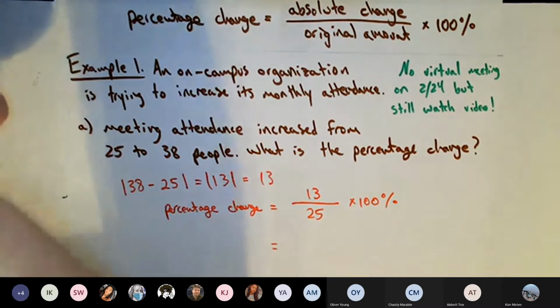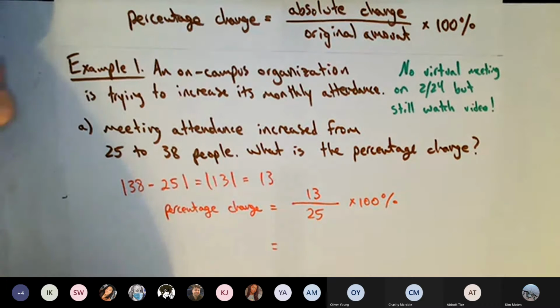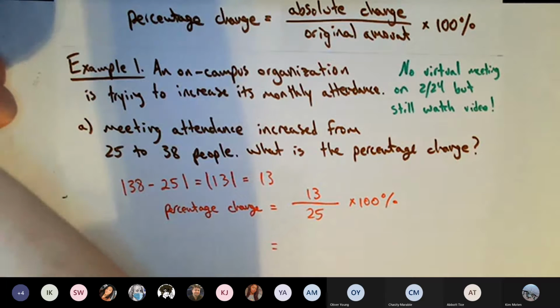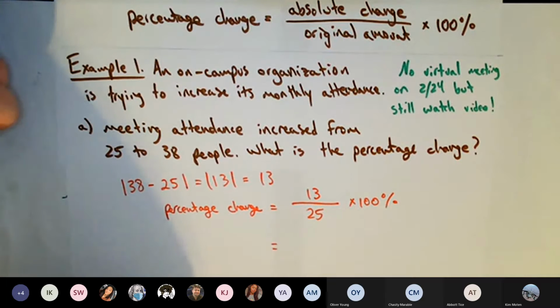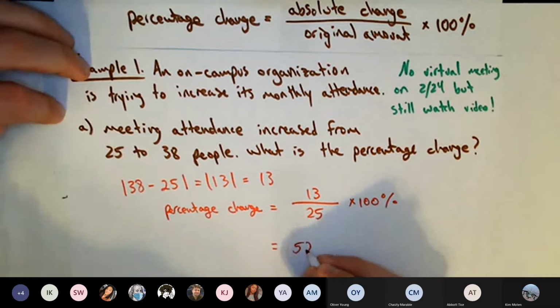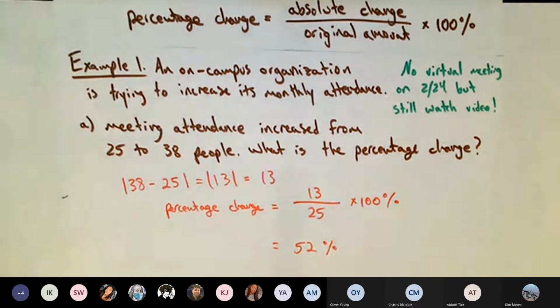So we'll do 13 divided by 25, which is 0.52, and then you multiply by 100% to make it 52%. So that's more than a 50% increase.